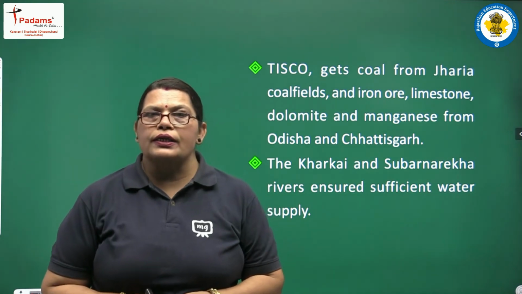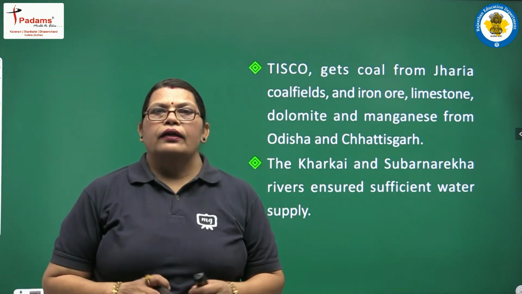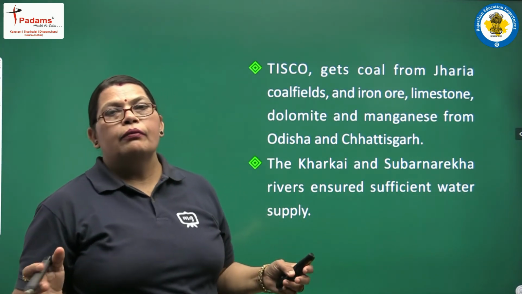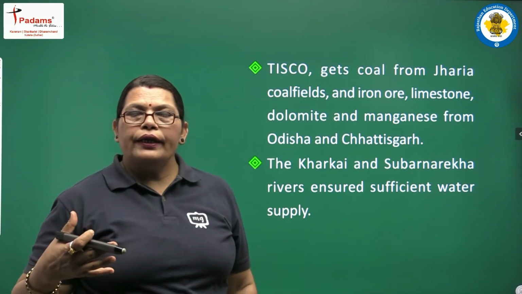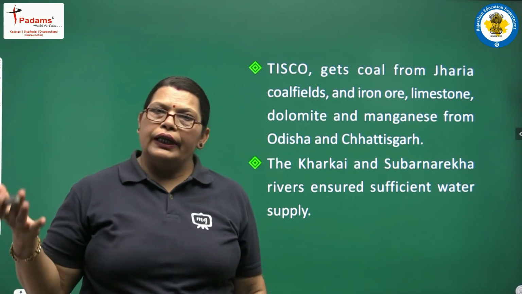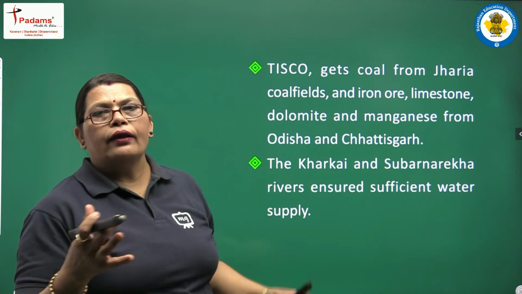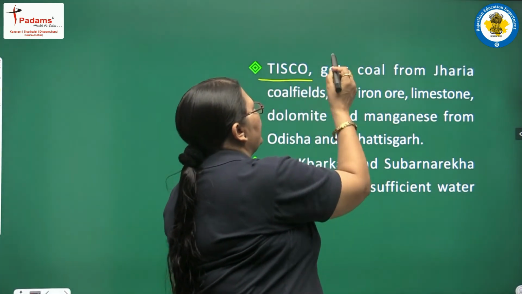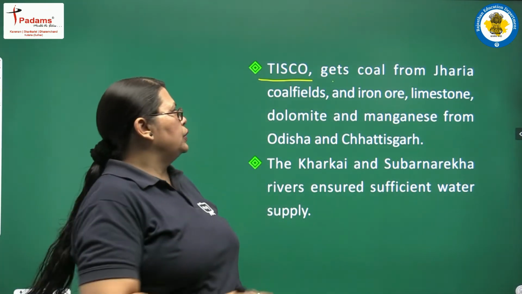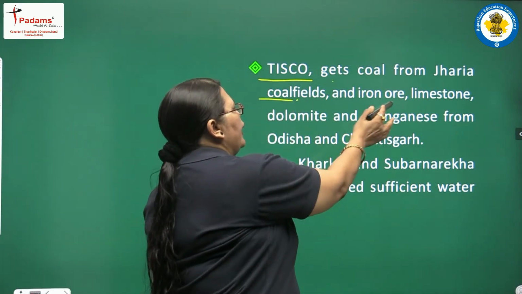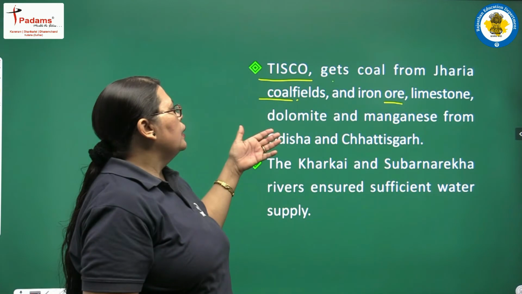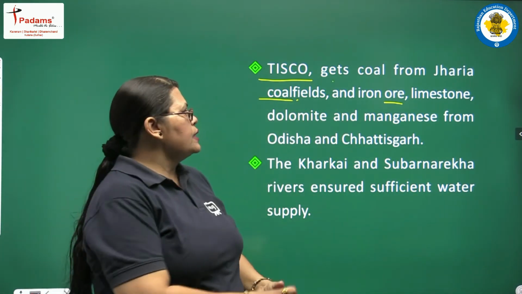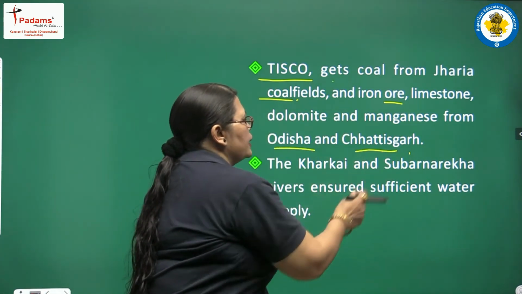And what Dorabji Tata found at that time was the availability of raw material, as well as transportation, labor, water supply, power supply, etc. TISCO gets coal from the Jharia coalfields and iron ore, limestone, dolomite and manganese from Odisha and Chhattisgarh.